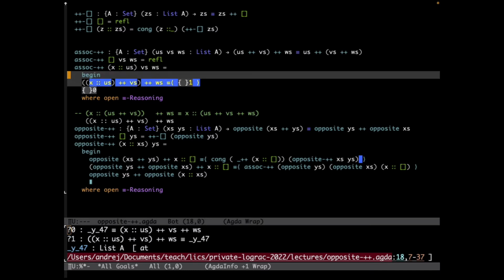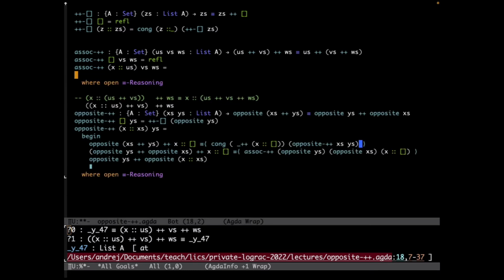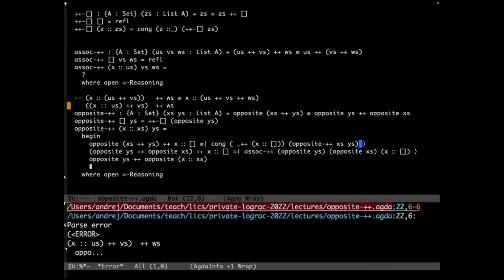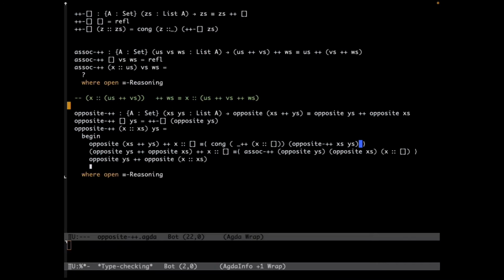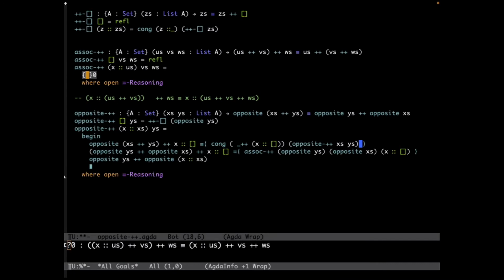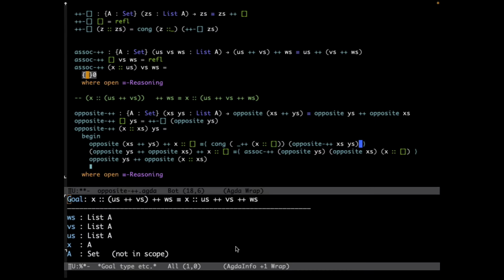At the very beginning, when I was here, I'm reading the goal. Is this cons twice? Cons and cons? I think so. There it is. Okay, I keep misreading this.